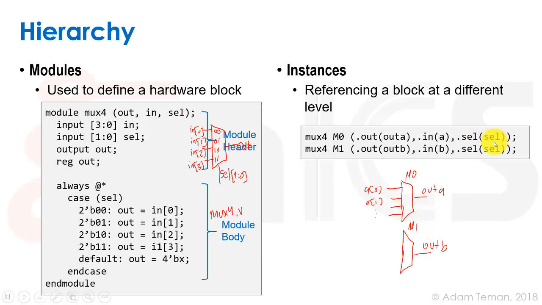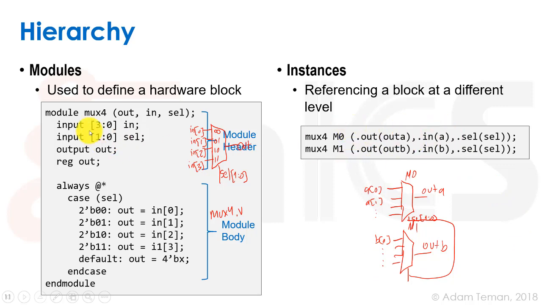And sel is connected to sel[1:0], assuming sel is a 2-bit bus at the higher level. This one is also connected to sel, so these two are actually shorted together, but these are connected to B0, B1, etc. Okay, that's what we see here.